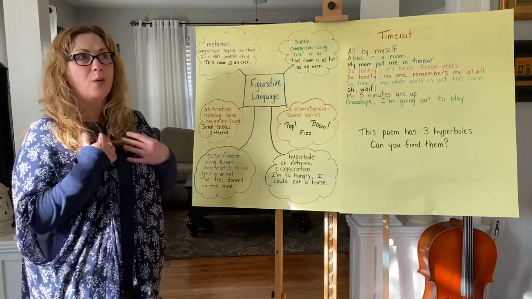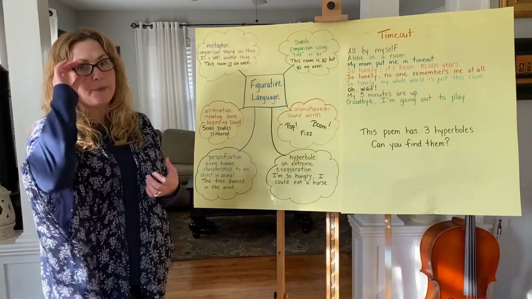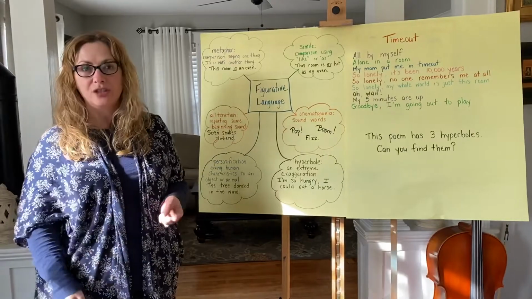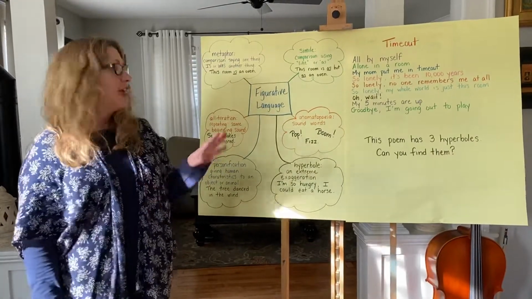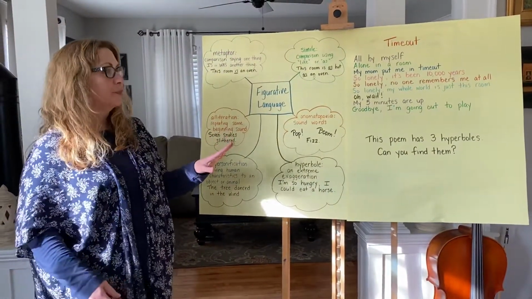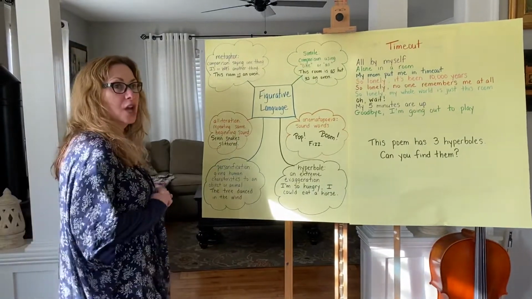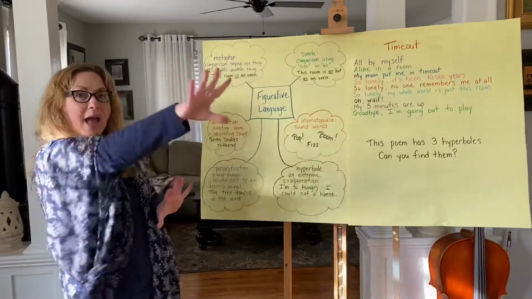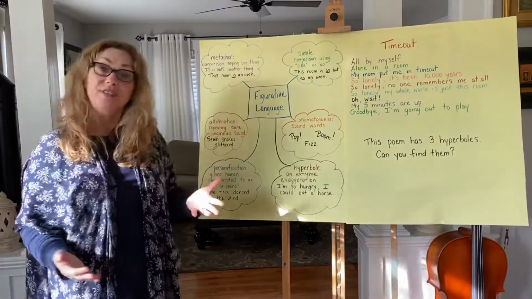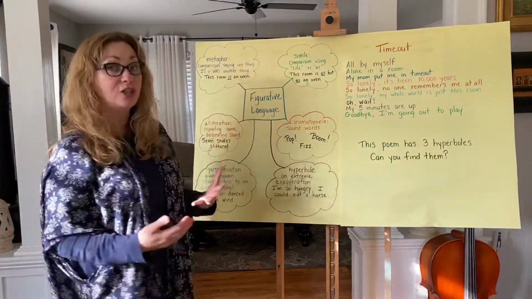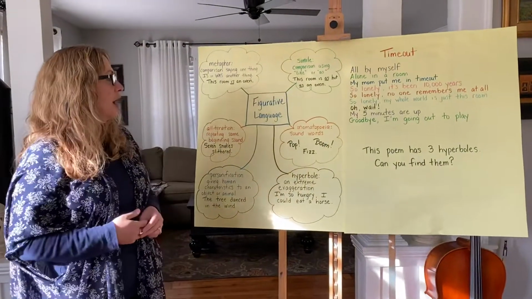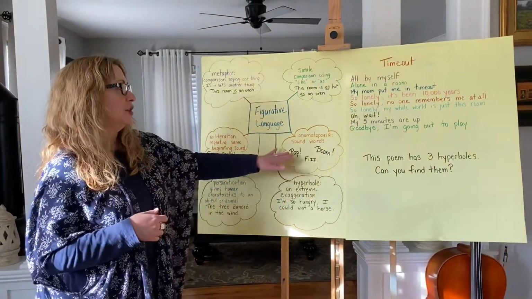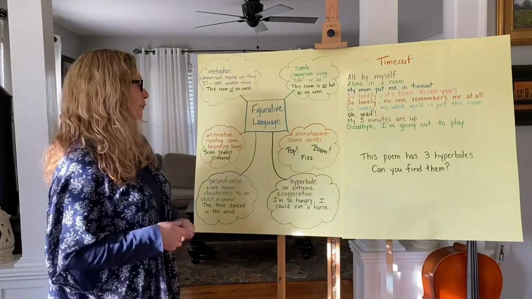I always think about when I was a little kid, the Batman live action TV show, and they would always, during the action scenes, throw up on the screen onomatopoeia: boom, bam, pow. So those are sound words. They show a lot of action, and because you can't hear it in a poem, but you can say it in a poem.